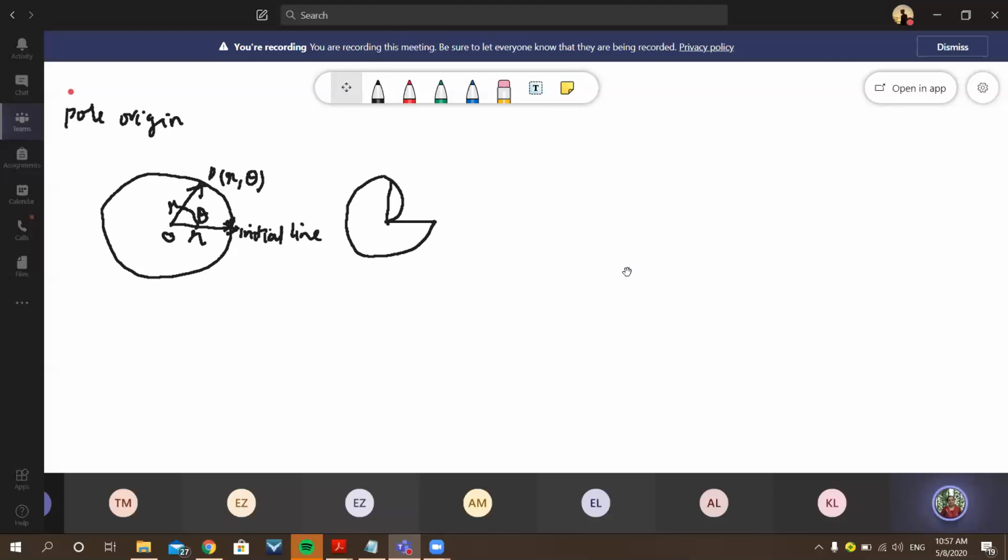We are going to write this as theta equal to minus pi by 2 or 3 pi by 2, depending upon what angle you are measuring in, what is the range of values of theta.